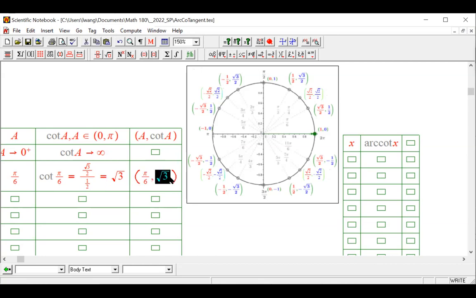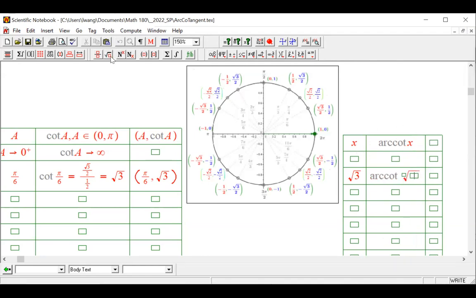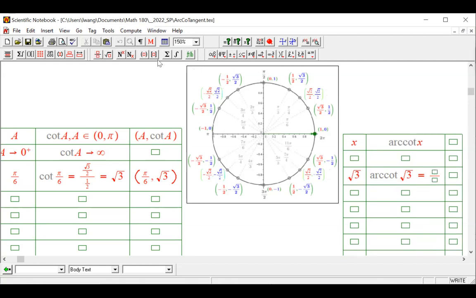I'm going to swap. Remember that when we are finding the inverse, we swap the input and output. That's what ArcCoTangent does. ArcCoTangent of √3 takes a ratio as input and produces the output, which is going to be an angle.